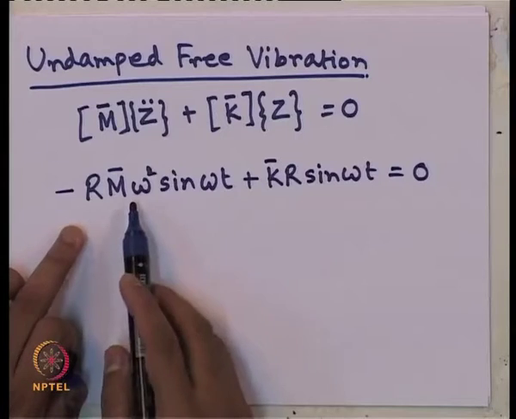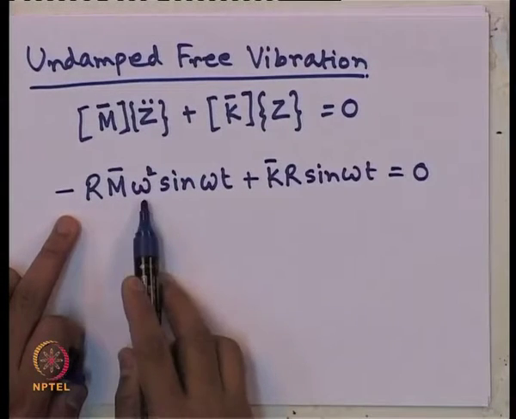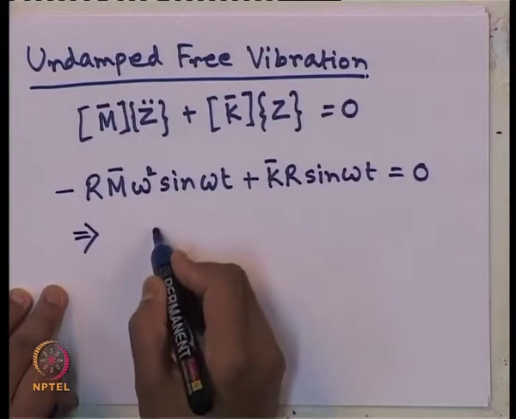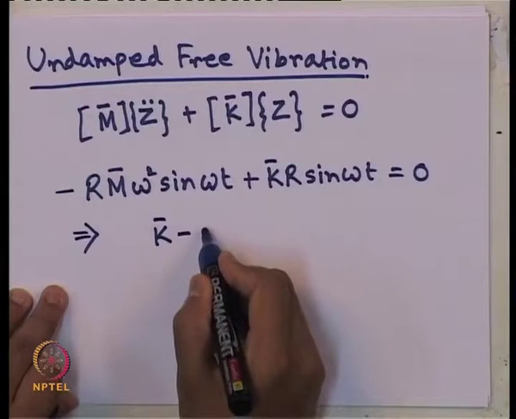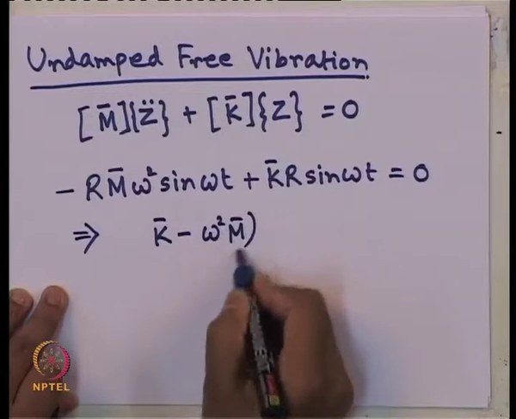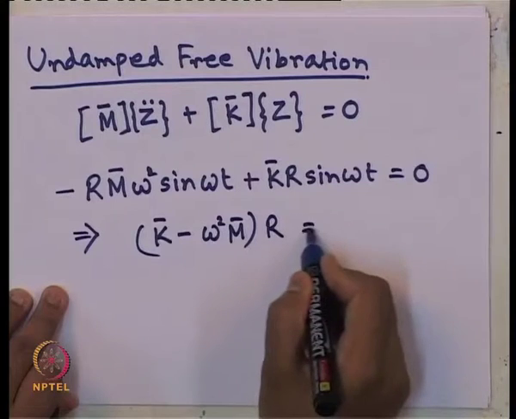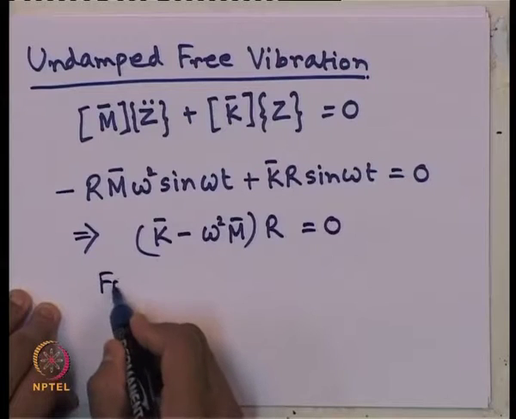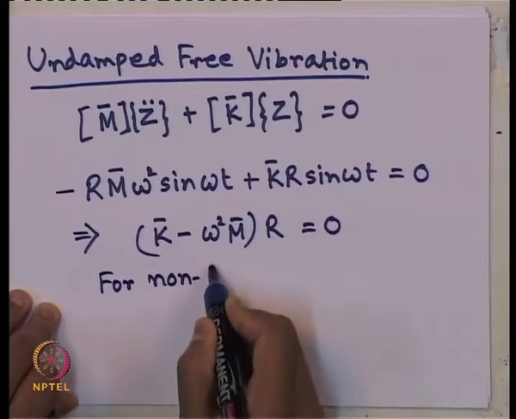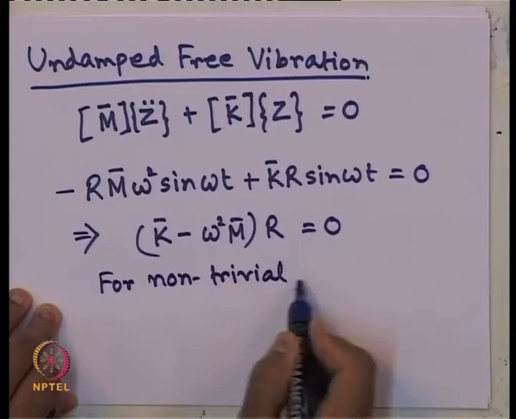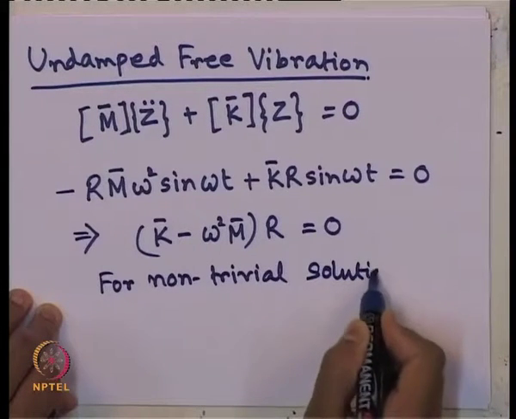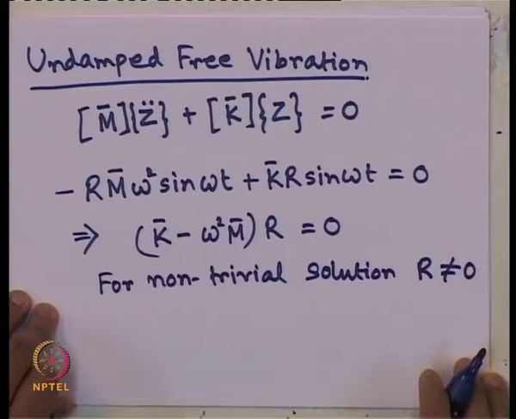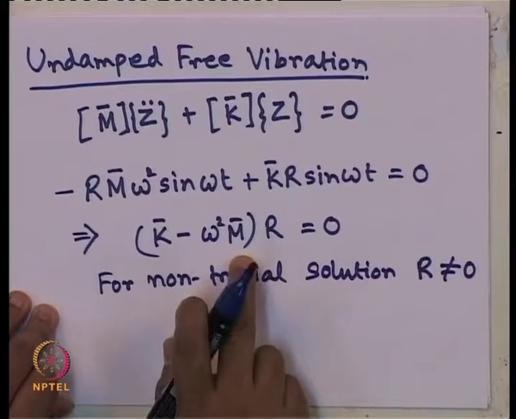So, obviously, z double dot will be minus r omega square sin omega t, right, which gives us k bar minus omega square m bar times r equals 0. Now, for non-trivial solution, what we know, r cannot be equal to 0, right. What does it mean? This part should be equal to 0.